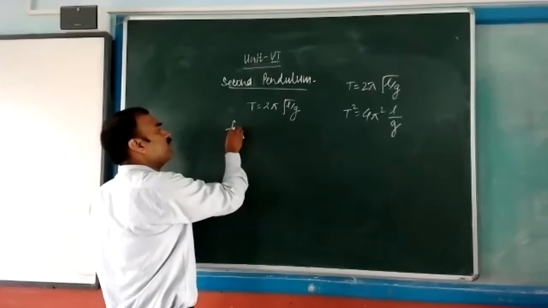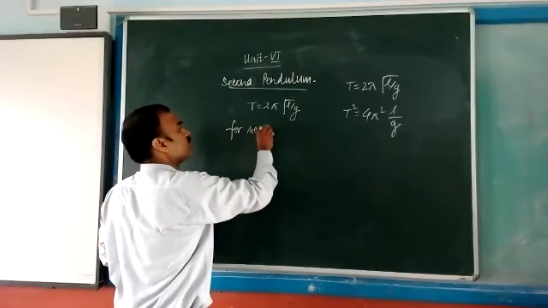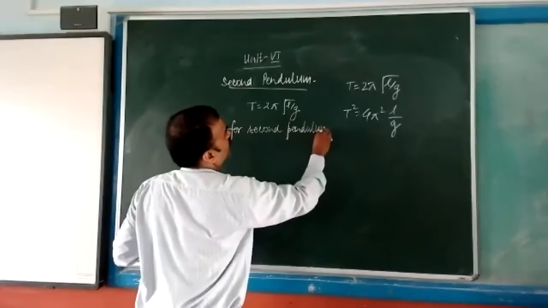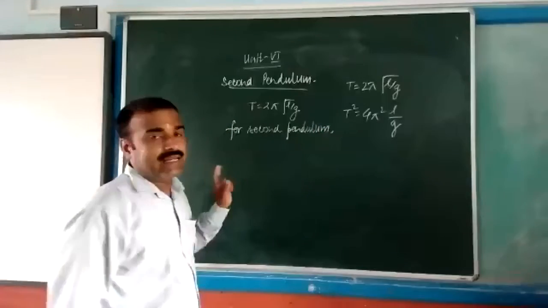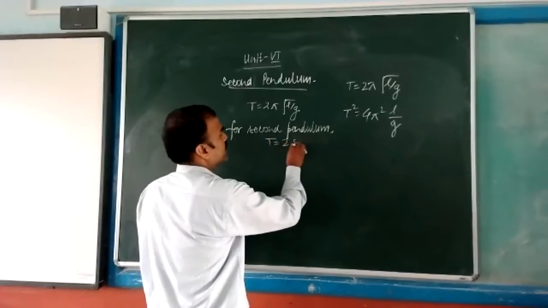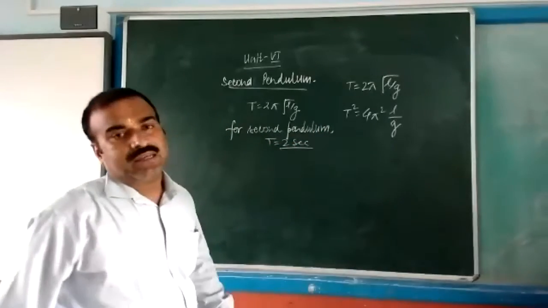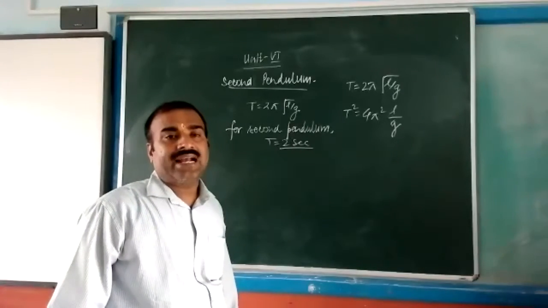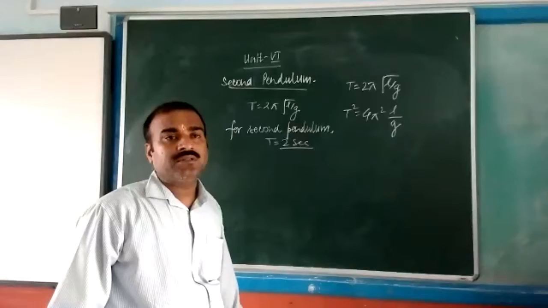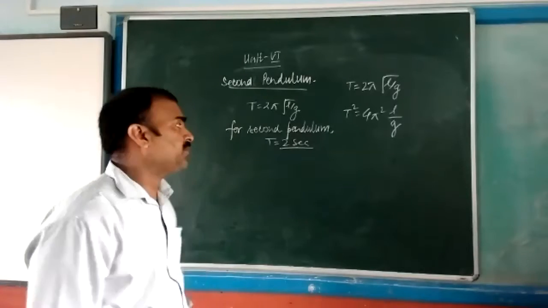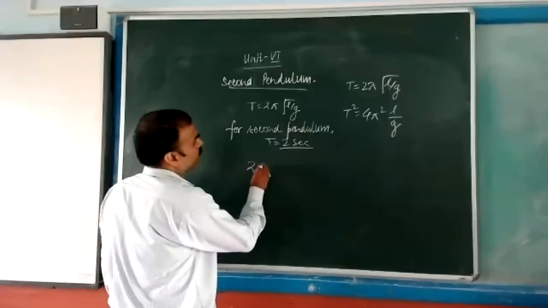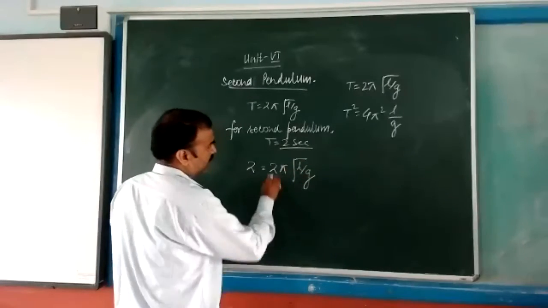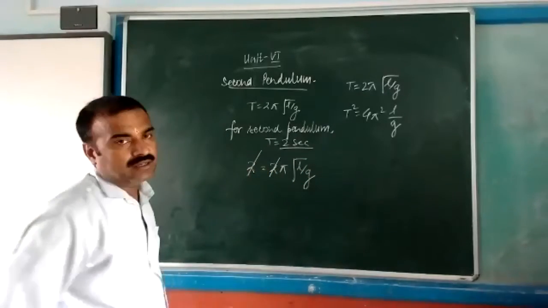So for the second pendulum, capital T equal to 2 seconds. Now put the value here: 2 equal to 2 pi under root L by g. Now the 2s cancel out.